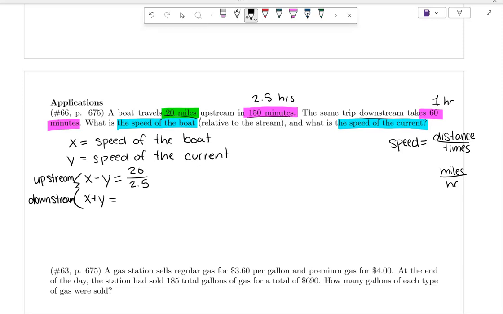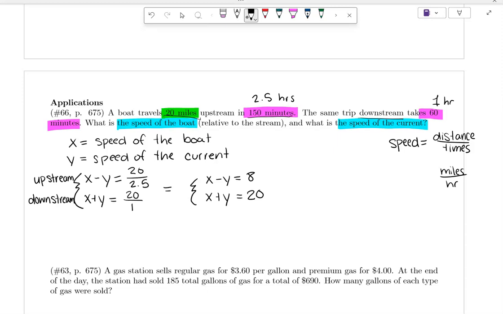But it's the same miles, so then we're going to get 20 over 1. So we can rewrite these equations to make them look a little bit better, so we don't have fractions. So 20 divided by 2.5 is 8. And then 20 divided by 1 is obviously 20. So that is what we get for our equations.